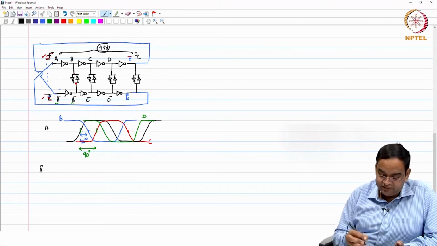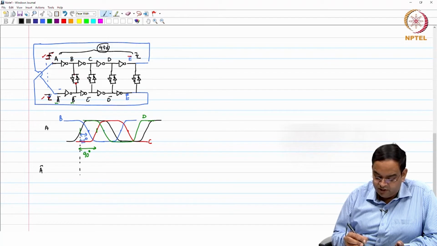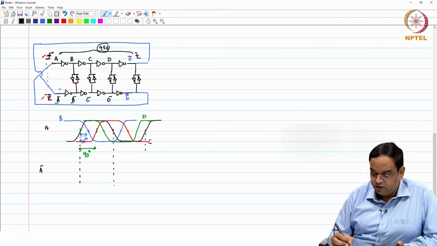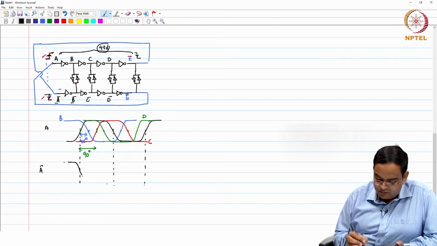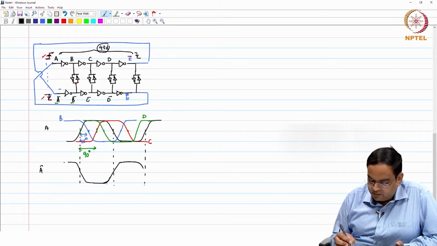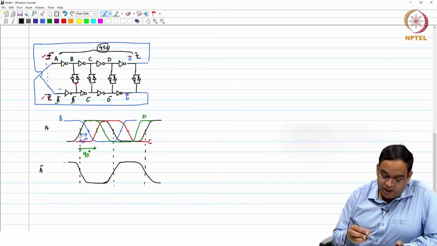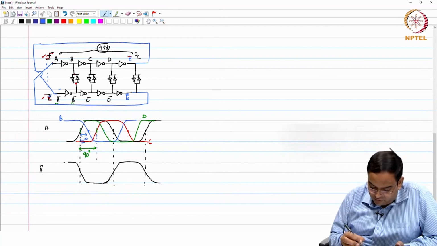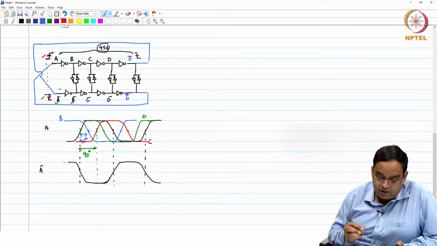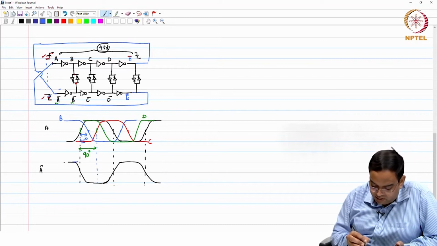So, if you are having A signal as shown at the top, then your A bar signal is just an inverted signal of your A. So, A bar signal is going to be like this. This is your A bar, and your C bar signal is just the opposite of your C signal, which is going to be like this.